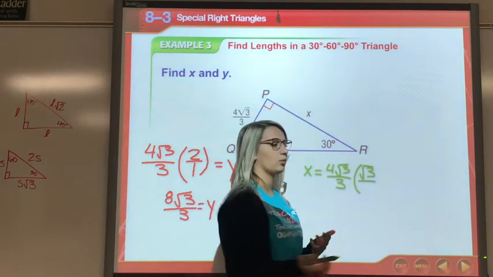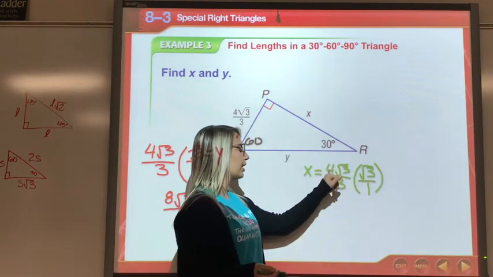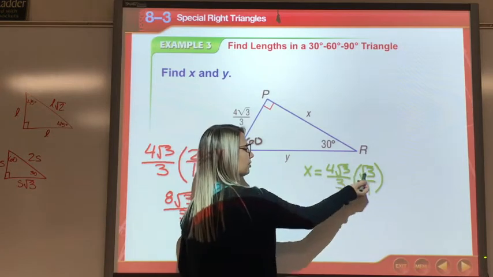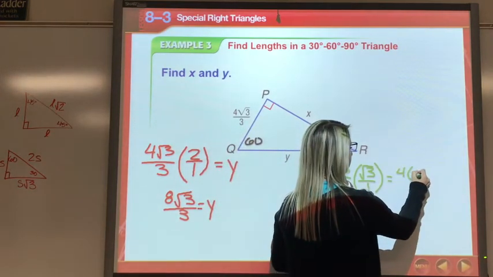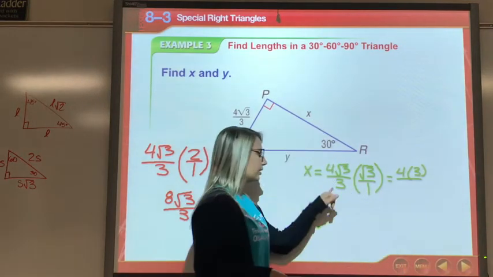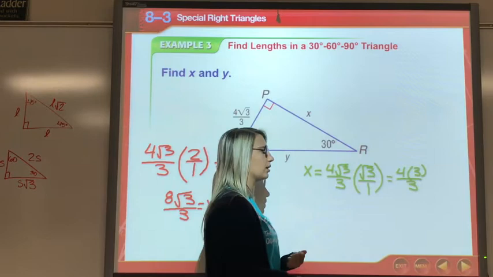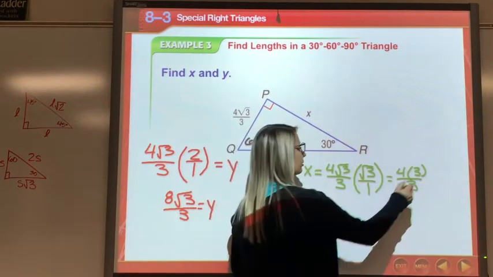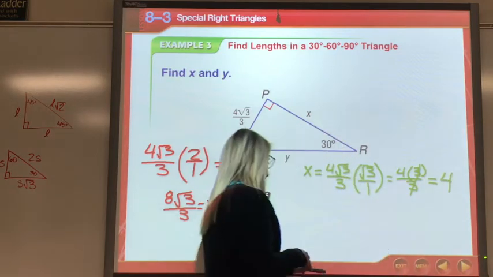Again, we'll just put it over 1 since we're dealing with fractions. Okay, so now over here we're going to have 4 times root 3 times root 3 is 4 times 3. And in our denominator we had 3 times 1, so it was over 3. Now notice we have a 3 on the top and 3 at the bottom. We can cancel those out, so x will equal 4.